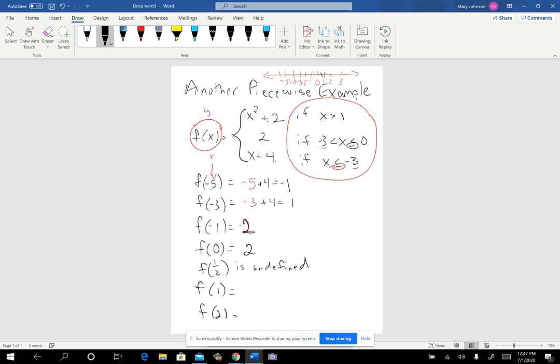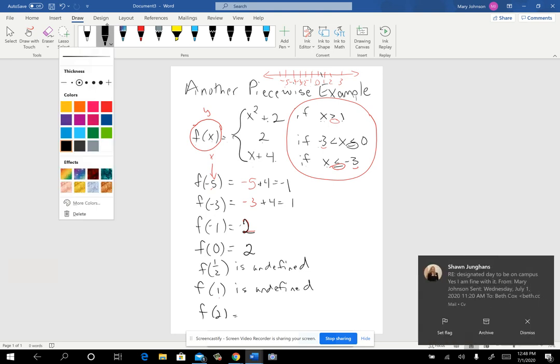Okay. All right, now I'm going to be asked to do f of 1. The input is 1. Okay, so I have to decide what to do for that. So again, I look up here and I think I'm going to use the top rule, but when I look more closely, I see there's no or equal to on that. Okay, so once again, I have something that is undefined. They literally did not tell me what to use when I work out f of 1.